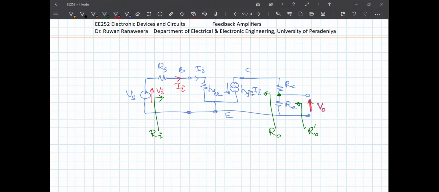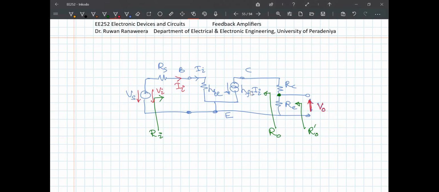This VI is equal to Vs. I think I have marked it the other way around, so let me mark it like this. It doesn't matter, the direction will be changed. You can actually use it either way, it doesn't really affect the value.